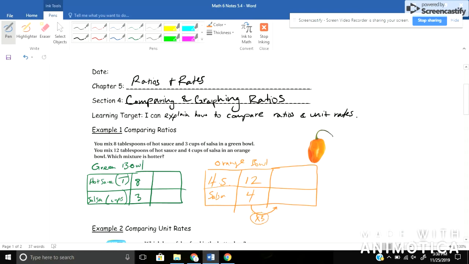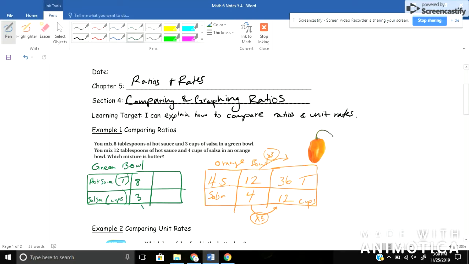So if I multiply my salsa by 3 to get 12 cups, I have to multiply the hot sauce by 3 as well. So that would give me 36 tablespoons of hot sauce for this recipe.